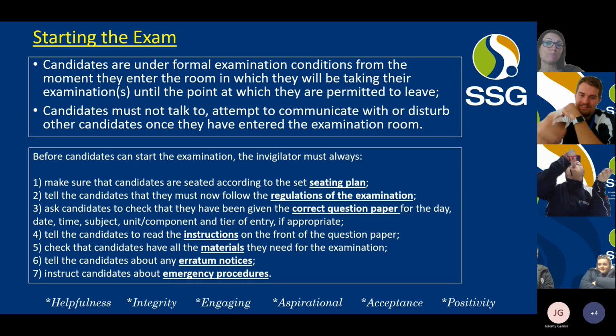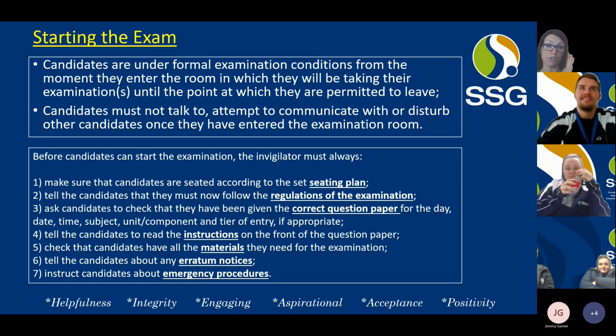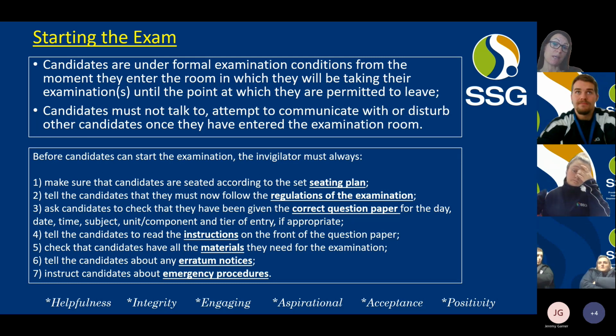So starting the exam, as I said, candidates are under formal exam conditions from the moment they enter the room until the moment that they are permitted to leave. They must not talk, they must not attempt to communicate or disturb anyone once they're in the exam room.